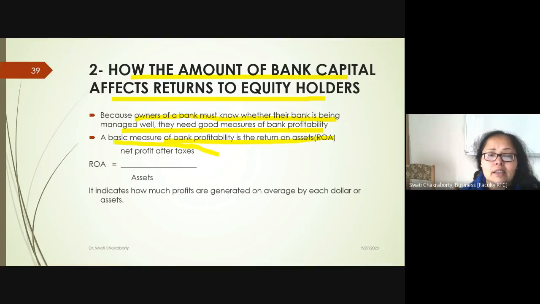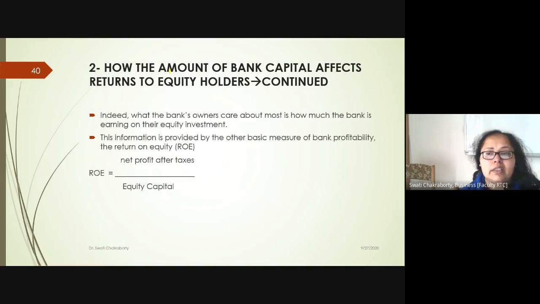Return on assets is net profit after taxes divided by assets. So it indicates how much profit will be generated on average by each dollar of assets, right? For each dollar of assets, what will be the net profit generated? So that's return on assets, right?